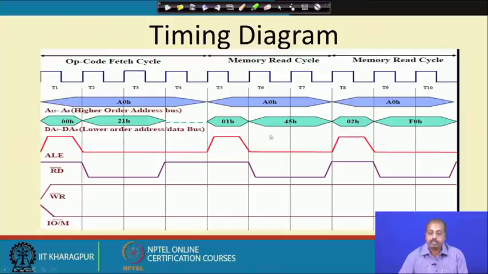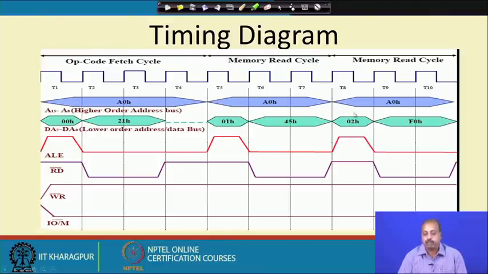This 45 hex comes inside the processor, and then the other byte has to be loaded. Every time the processor does an instruction fetch, the PC value gets updated. So, the PC value is updated to 02.